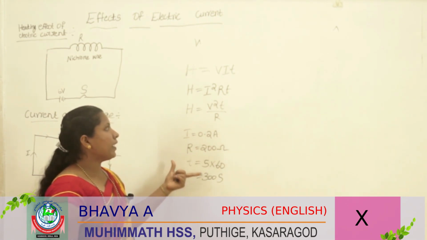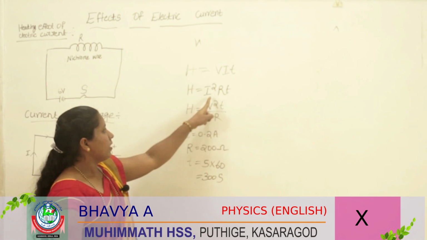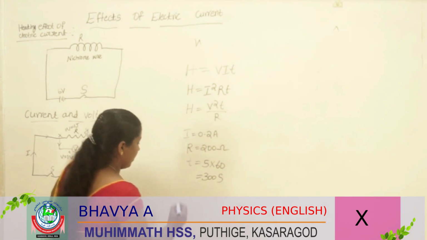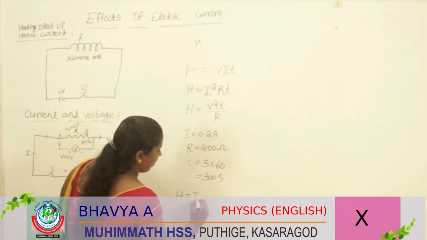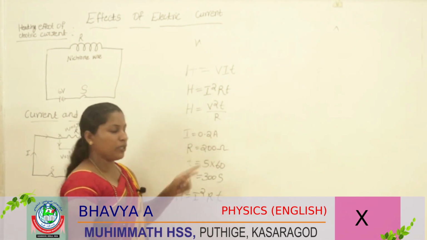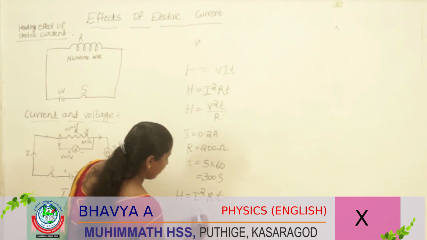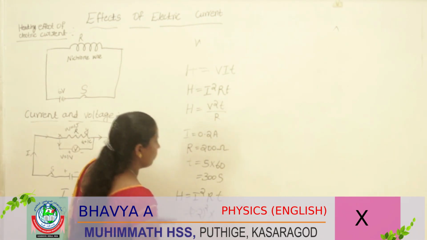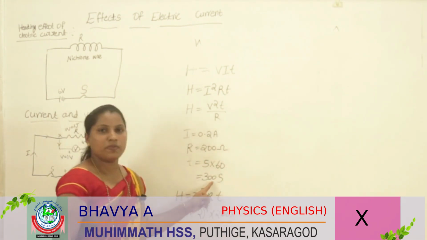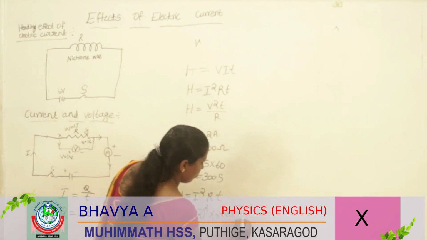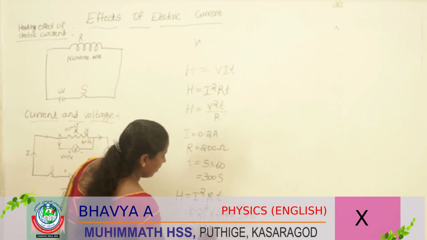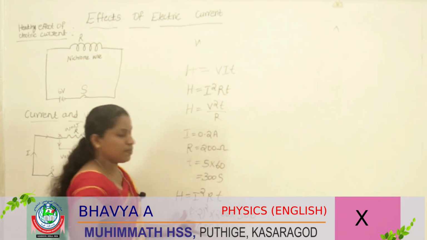So here the I value, R value and T value are given. Which equation can we apply? I and R are there, so we can apply Joule's equation. So H is equal to I square RT. The I value is 0.2 whole square, R value 200 ohm, into time 300. Multiplying, the final answer we get is 2400 joule.